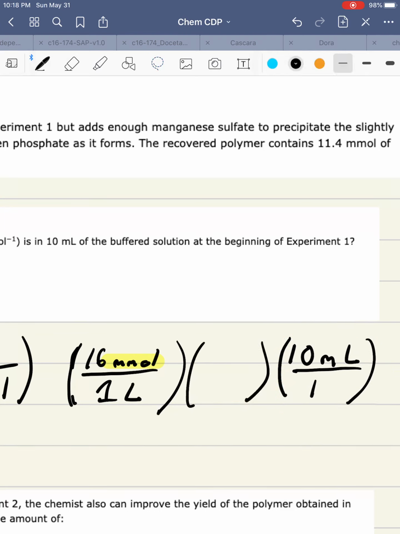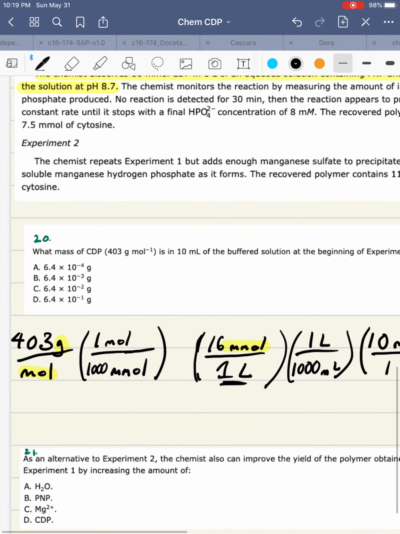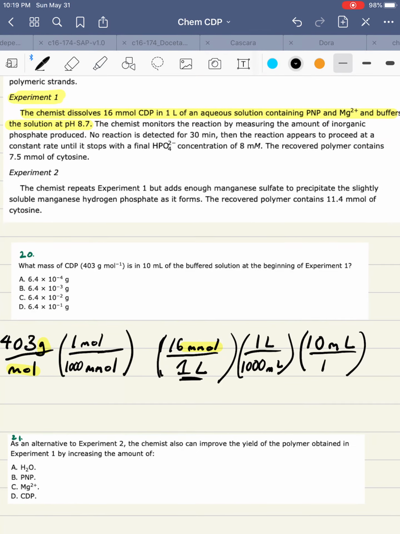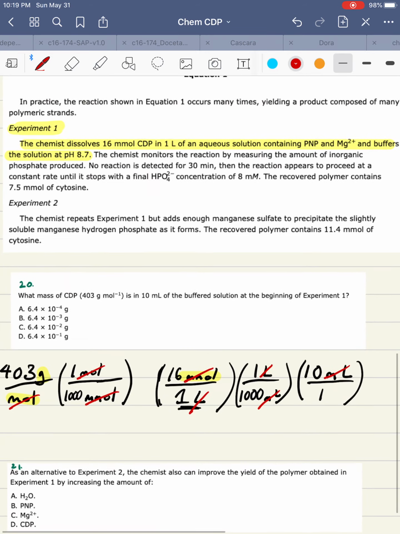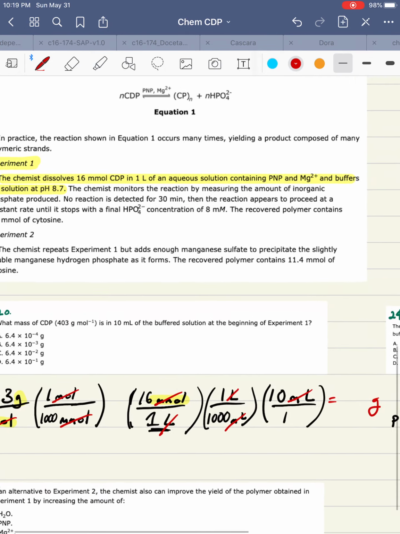We know for every 1 liter here, we have 1,000 milliliters. And if I were to multiply this going all the way through, notice what happens here. The moles will cancel out, the millimoles will cancel out, the liters will cancel out, and the milliliters will cancel out. And once I multiply this through, I actually get grams as my final answer.